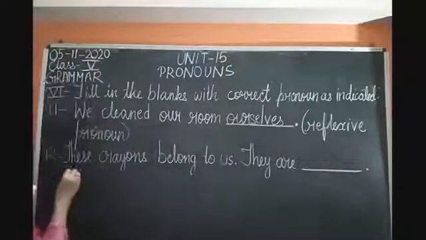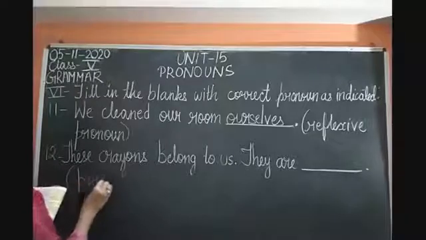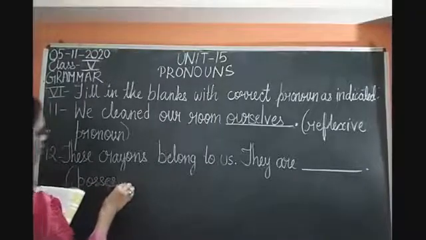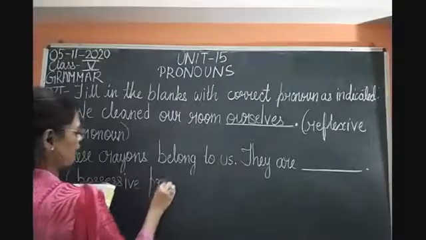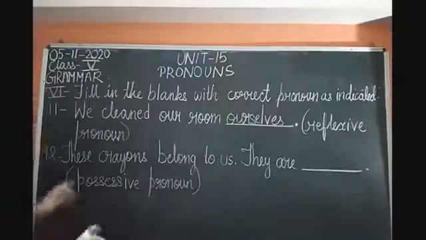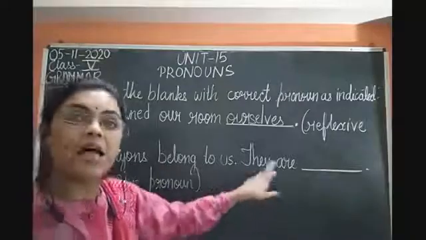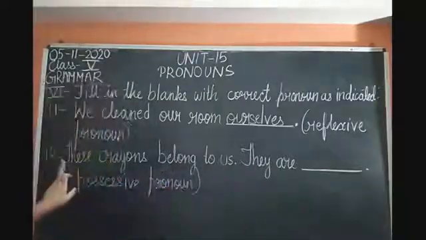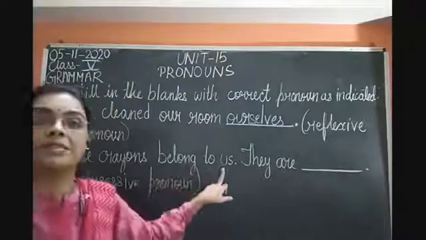We need to fill the 12th line with a possessive pronoun. Now, these crayons belong to us. They are dash. Now beta, these crayons belong to us, right?